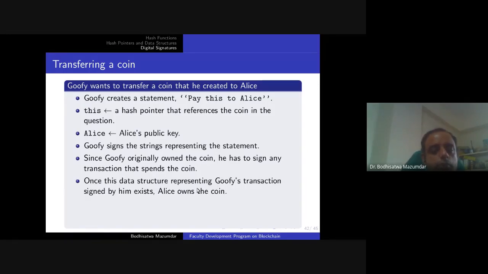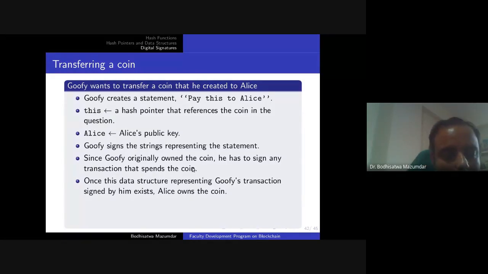Once this data structure representing Goopy's transaction, signed by him, exists, Alice owns that coin. After Goopy's signature for that transaction, the coin is transferred to Alice.